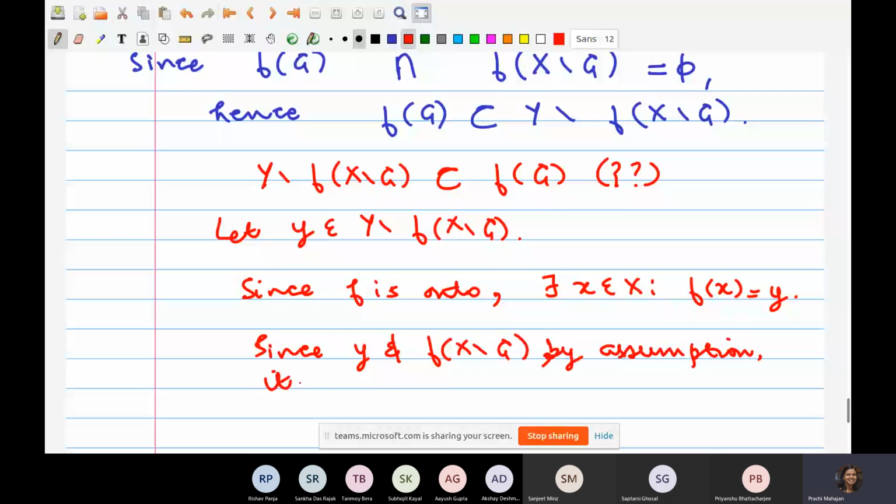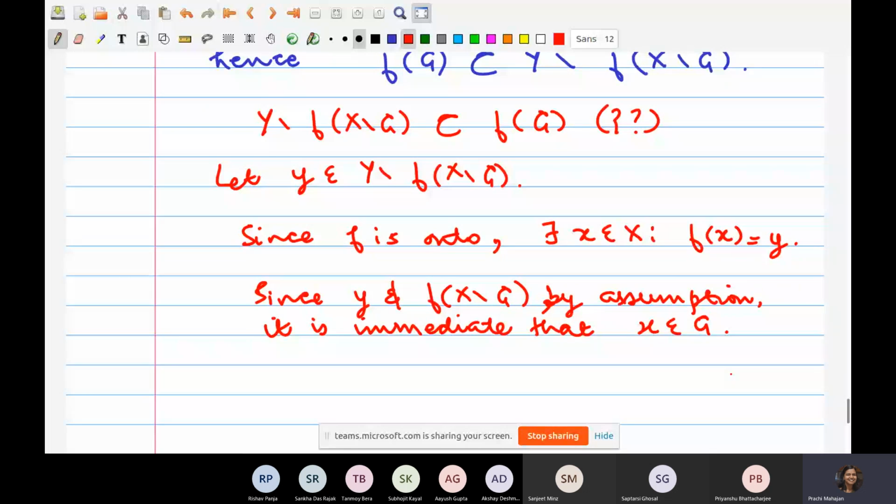It is immediate that y belongs to f of G, where x belongs to G. Since y does not belong to the image of the complement of G, the point x cannot belong to the complement of G, because there is a unique such x. So it is immediate that x belongs to G.